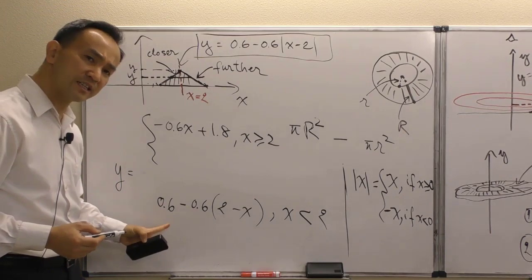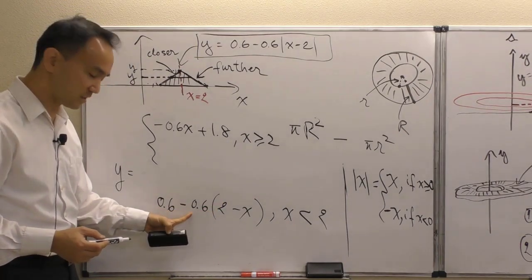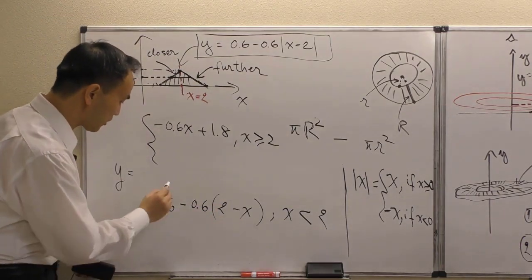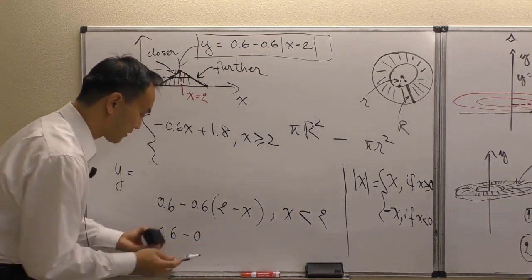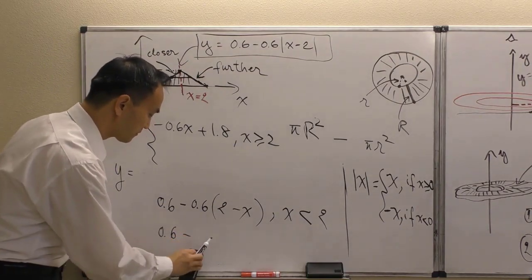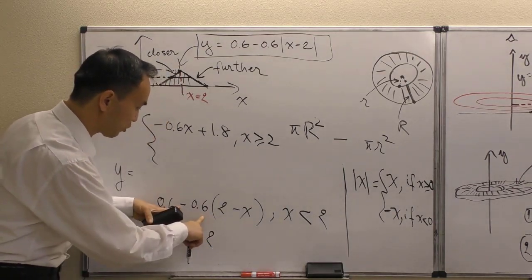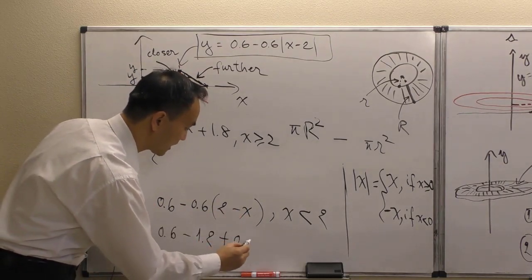And then for the other case, again, very similar work. I am going to distribute out that negative 0.6 to each term right here. That gives me, as scratch work, 0.6 minus 1.2. Okay, and then minus 0.6 times negative x, minus times minus, gives me a plus 0.6x.